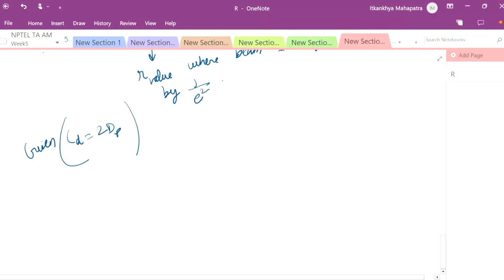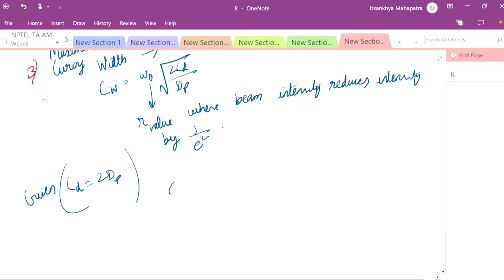So now CW is equal to W0 root of 2 into 2 dP by dP. This dP gets cancelled here.